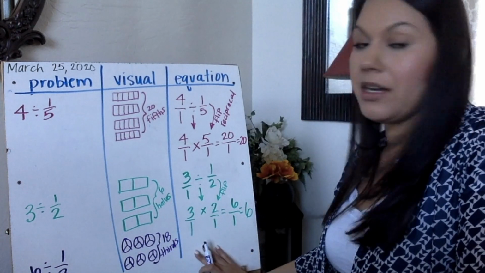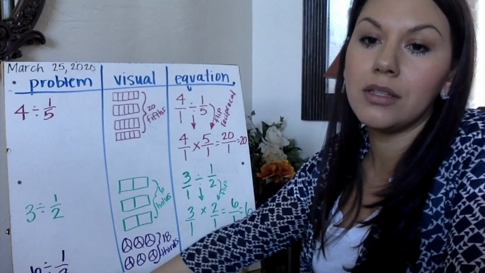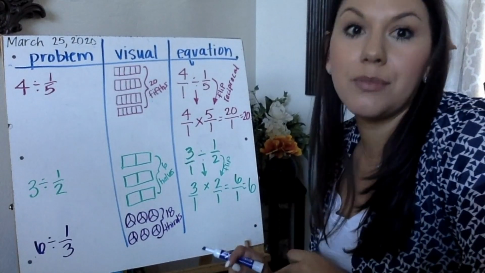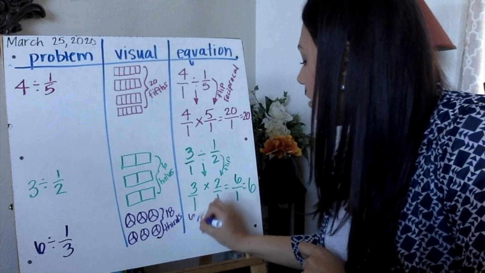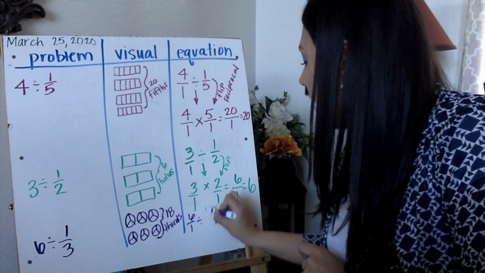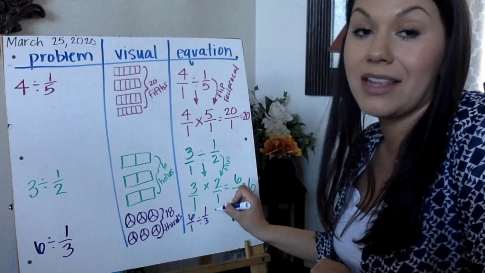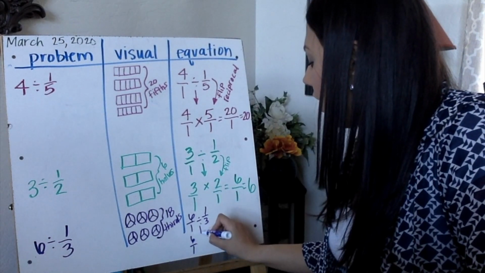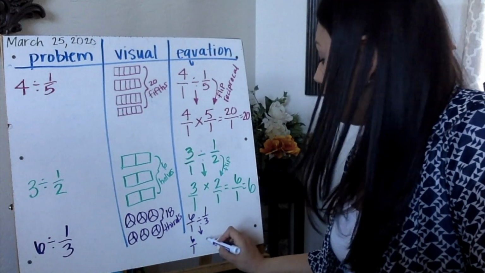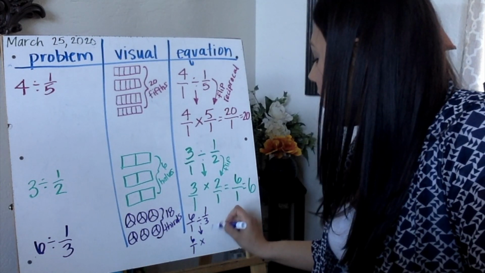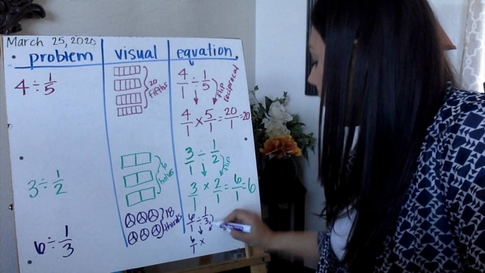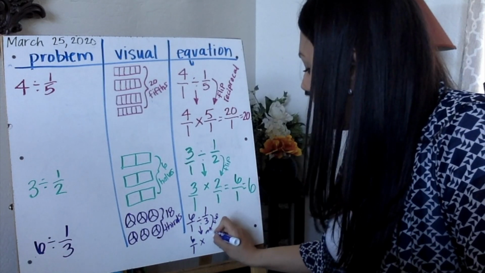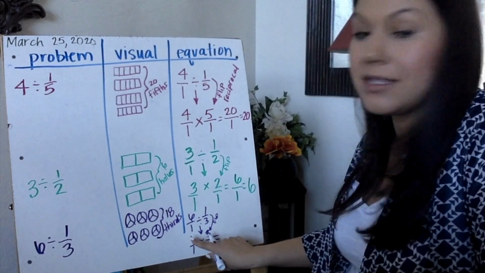Okay. Now if we do our equation, we have to make our whole number into an improper fraction. Can you see this? Yes. So 6/1 divided by 1/3. I need to find the reciprocal of 1/3. Bring down 6/1. Change my operation to multiplication. Then find the reciprocal, which is we're flipping this to 3/1. 6 times 3.